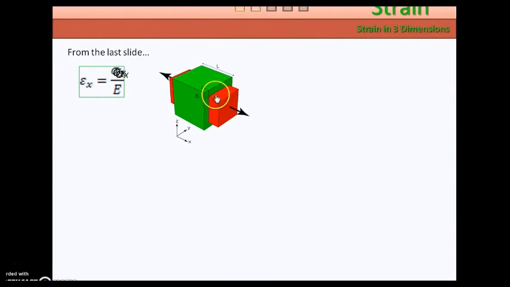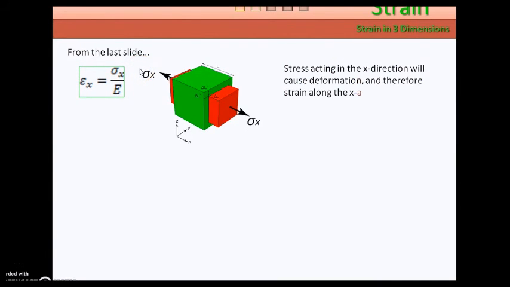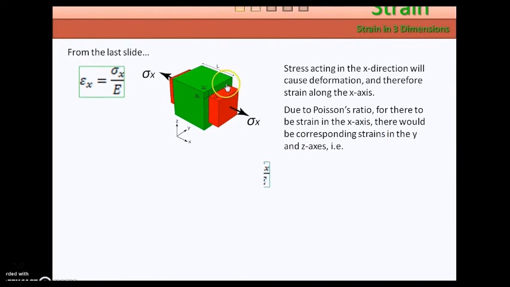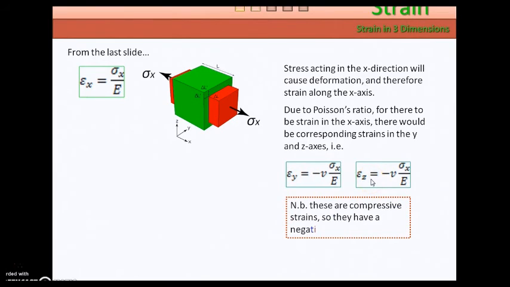We introduced this Hooke's law equation from the last slide. So where we have tensile stress applied in the x direction, there will be compressive strain in the other directions. So the strains in the y and z directions have a negative expression that includes a Poisson's ratio multiple.